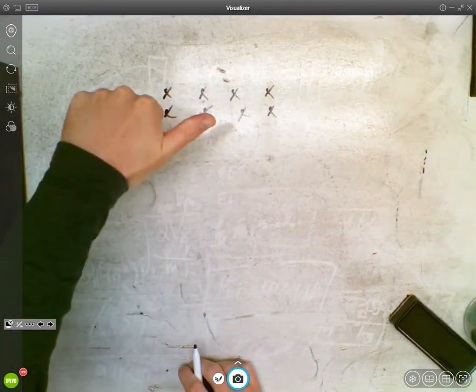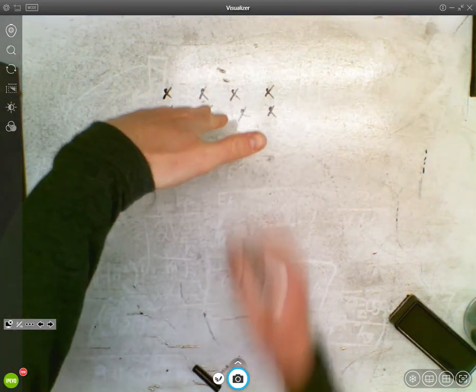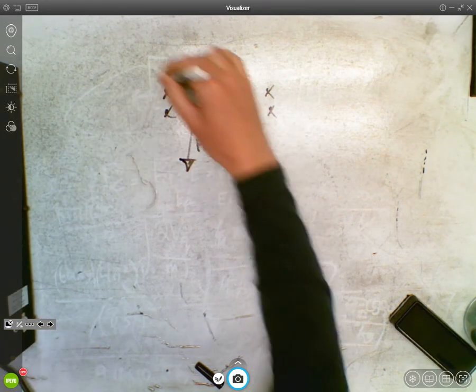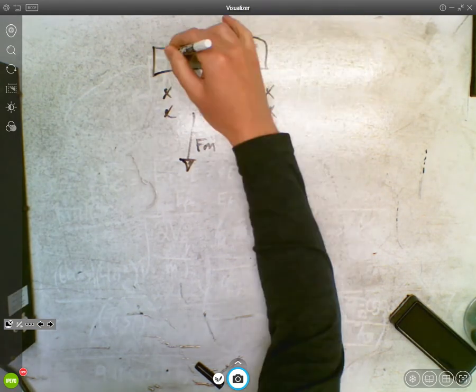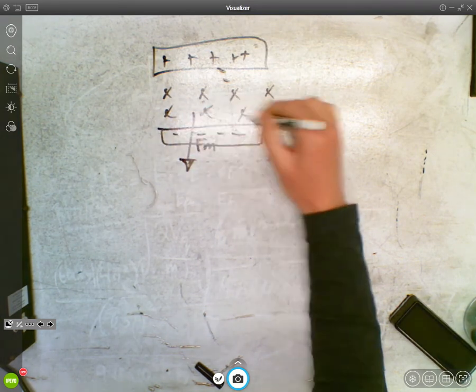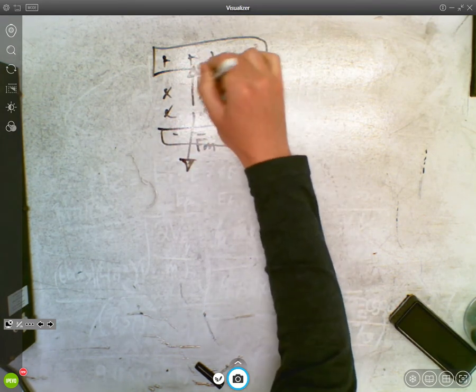The electrons go through. My magnetic field is into the page. It doesn't actually say that, I'm just giving an example. So my magnetic force is down, and then to make this work, we would need a positive plate on top and a negative plate on the bottom, and that would deflect the electrons up.